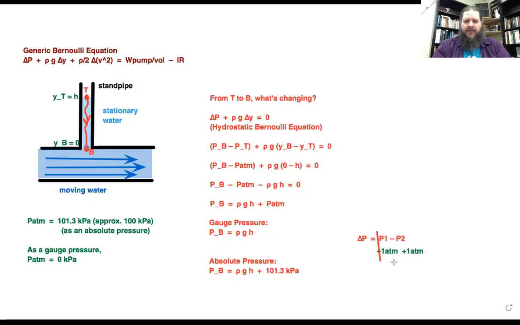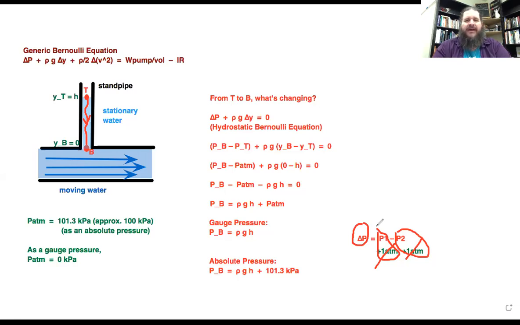They like cancel out. Yeah, the plus 1 atmospheres cancel out, so you still just get P1 minus P2. So it doesn't really matter whether you're using gauge pressure or absolute pressure, as long as you're talking about a delta pressure and you're consistent about it.